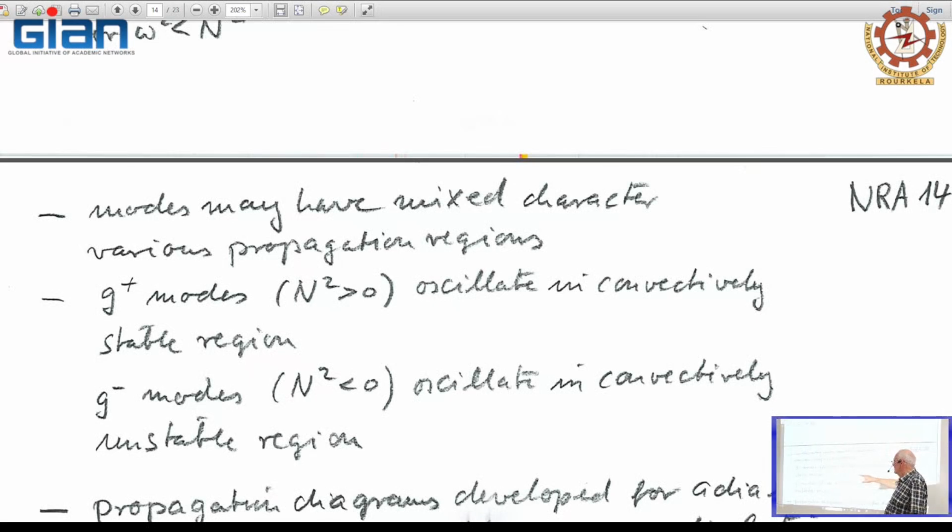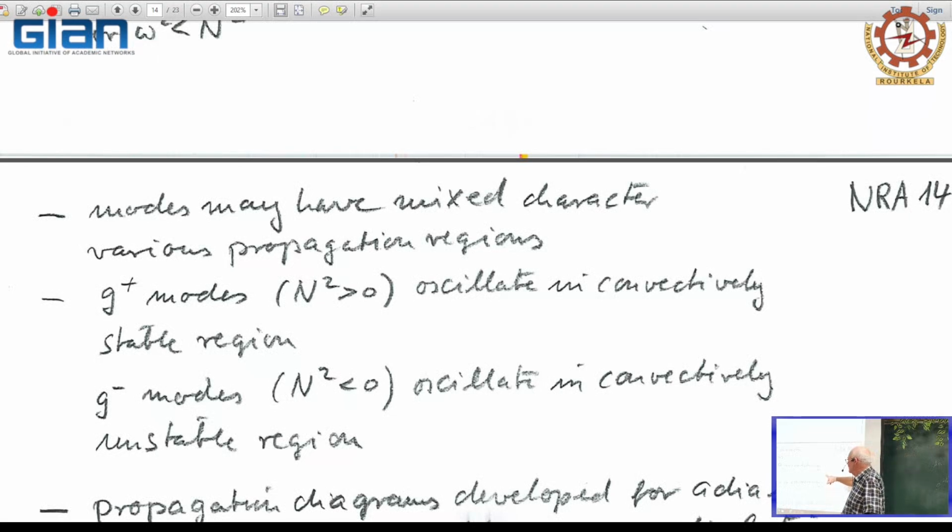So they oscillate with respect to the radial dependence in the convectively stable, in the radiative region, whereas the G minus modes oscillate with respect to radius in the convective region, and they are evanescent in the other region.